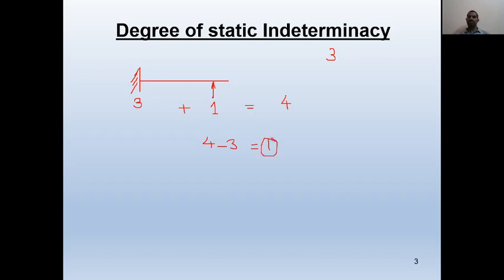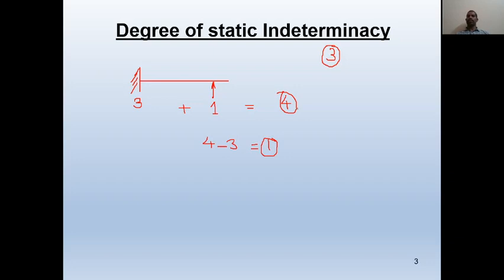Indeterminate of first degree means one extra equation is required. You can observe over here the number of unknowns is 4, but equilibrium equations are only 3. That means with 4 unknowns and 3 equations you cannot solve. Therefore one more equation is needed to calculate the other unknown reaction.